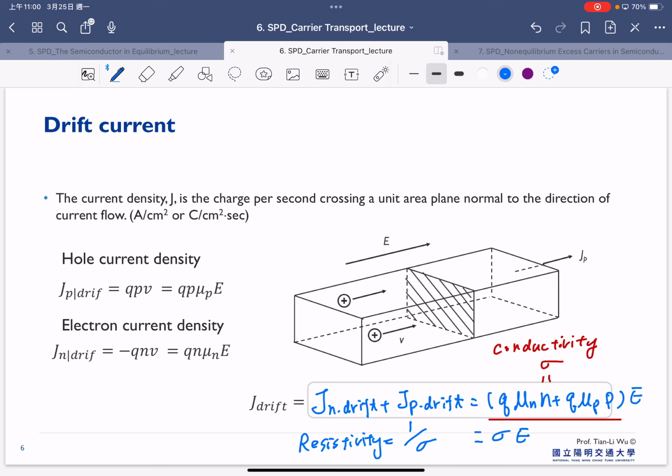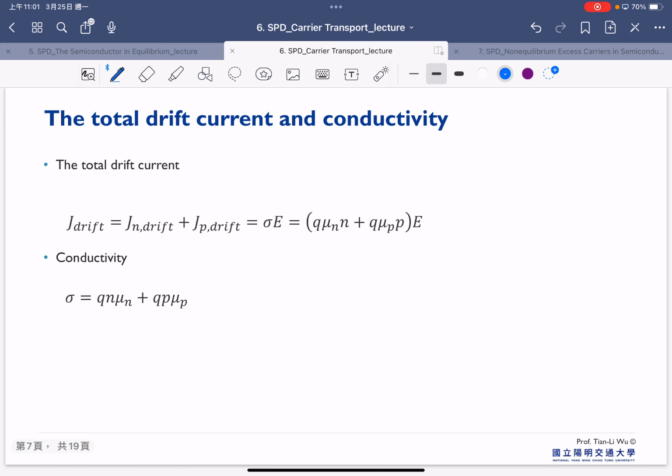This slide is a summary: the total current has to consider the electron drift current plus the hole drift current, and we also define sigma as conductivity, and the resistivity is 1 over sigma.